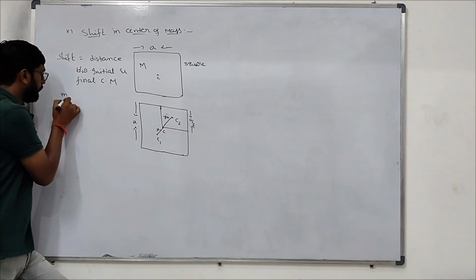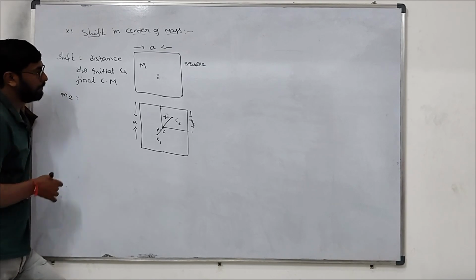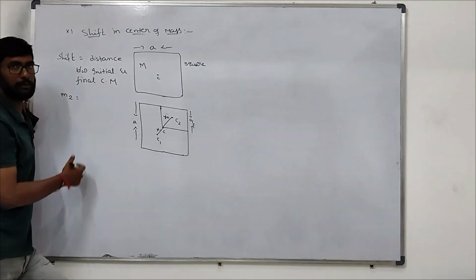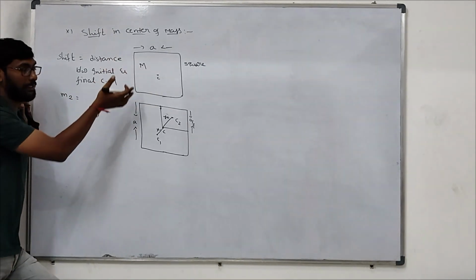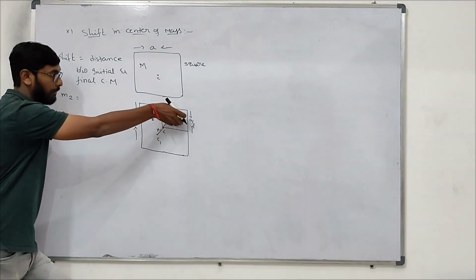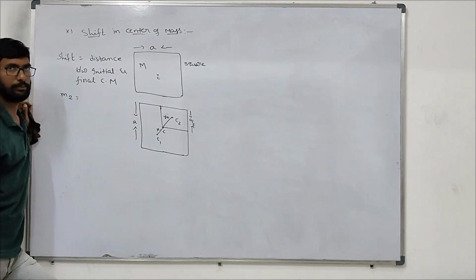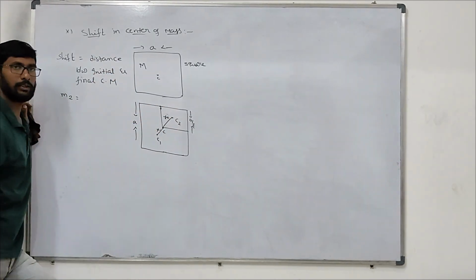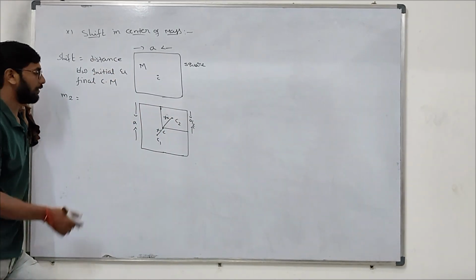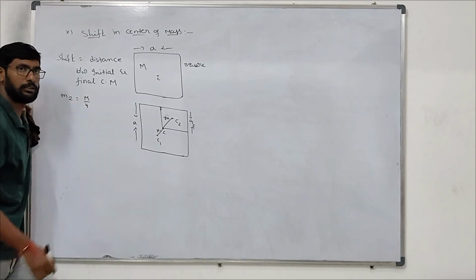So we know M2 will be, see, this is a square, total mass is capital M, then what will be the mass of this portion? M minus M1. Total mass is M. What will be the M1 then? It will be M by 4, right?